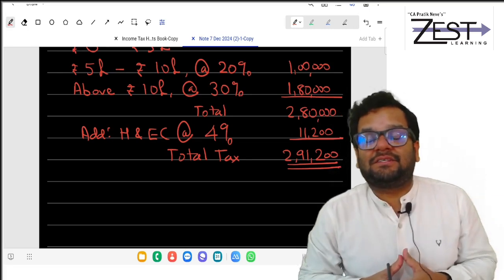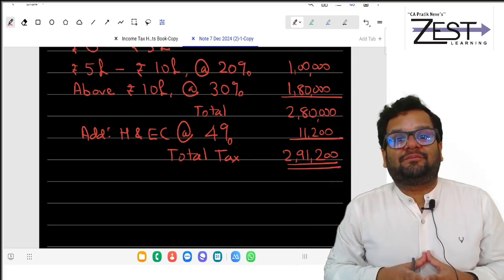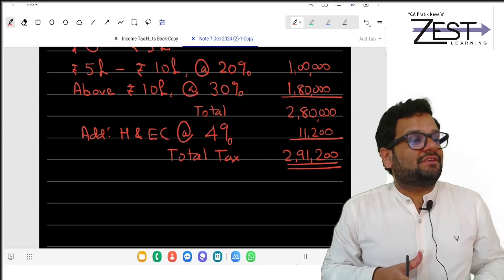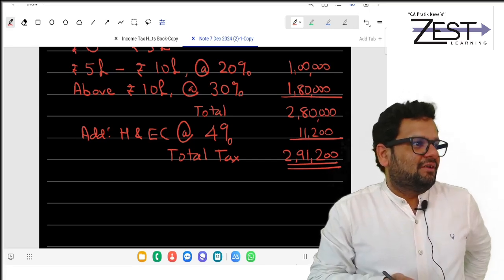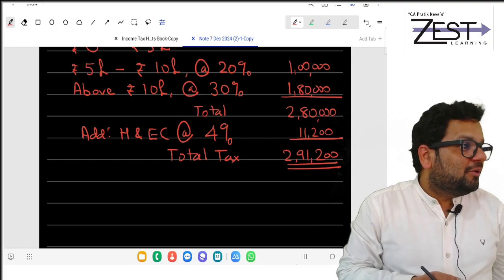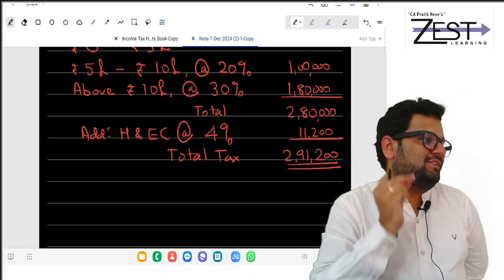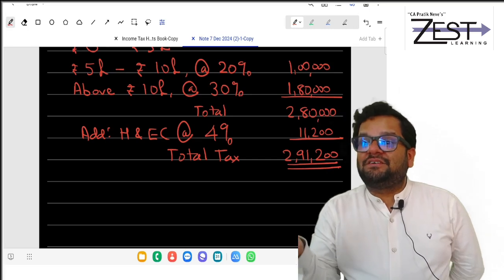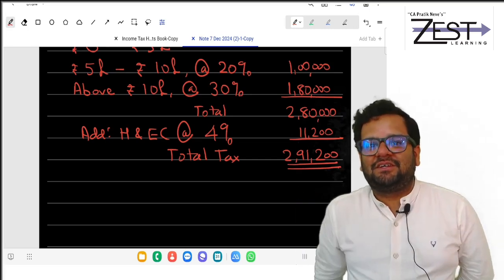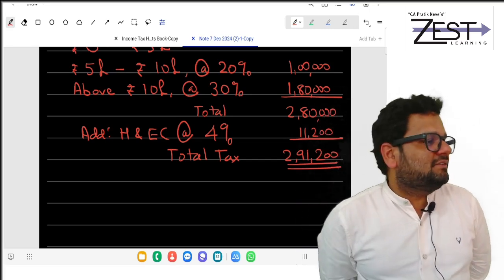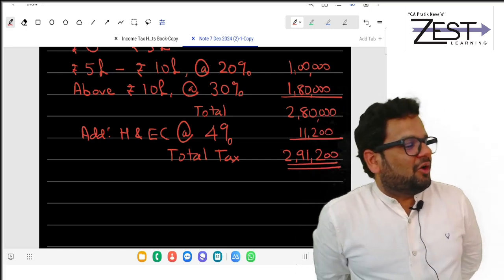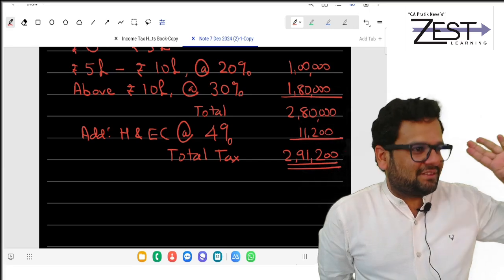Now, understand. In India, there is a progressive system of taxation for income tax. For GST, there is a regressive system of taxation. Regressive means on medicine, suppose GST is 5%.